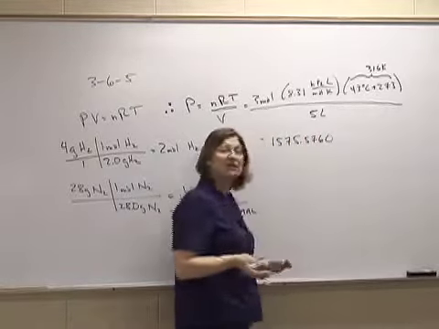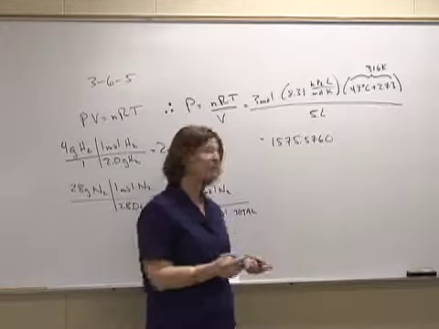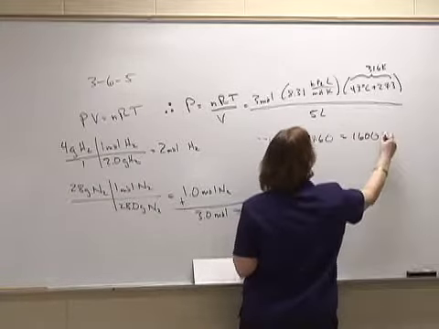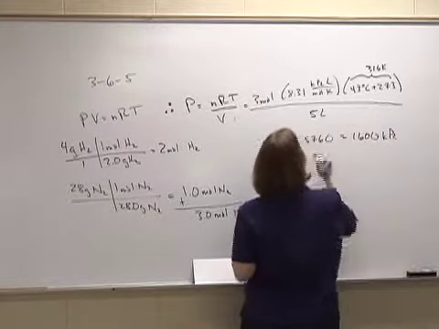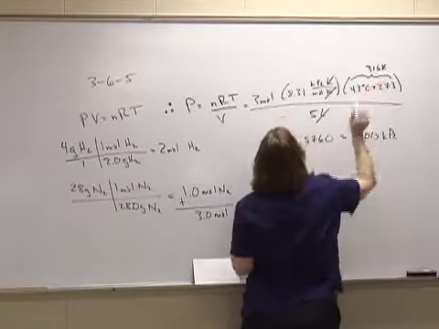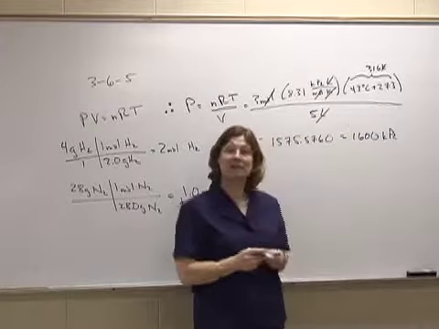1575.5760. I look back to my original problem, and the number with the least number of significant digits would be 2, and therefore my answer is 1600 kPa. And you'll notice here that my liters cancel, my Kelvin cancels, and my moles cancel, and I'm left with a pressure unit of kPa.